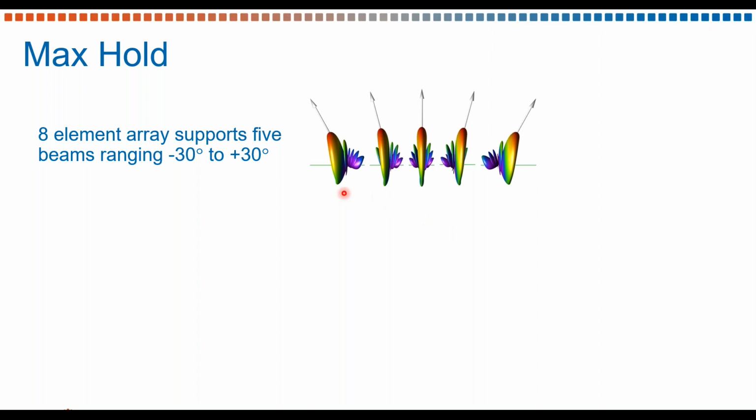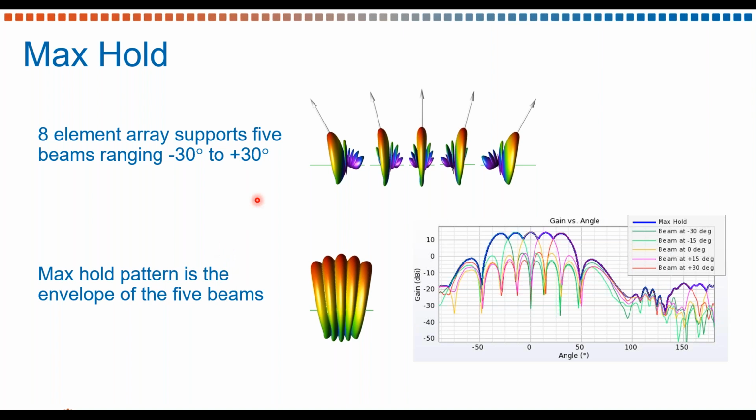So here we have antenna patterns generated for an 8-element array in 5 different directions, ranging from -30 degree to +30 degree. And the MaxHold result provides an envelope of all these 5 beams containing the effects of all these 5 beams in one. As you can see in the 2D pattern, the blue line here is showcasing the MaxHold result for all of these patterns together.